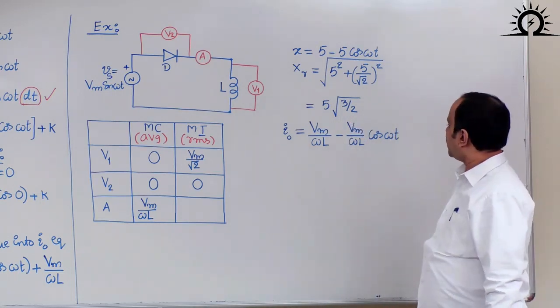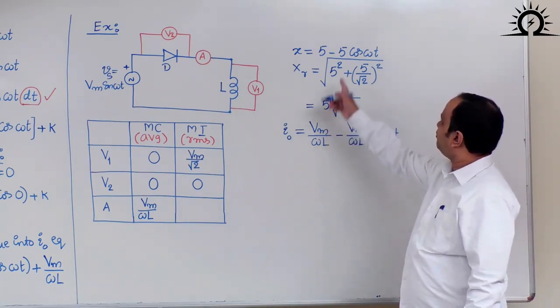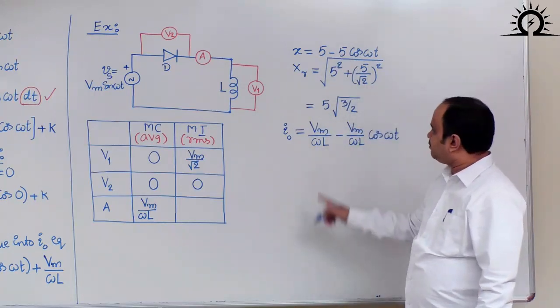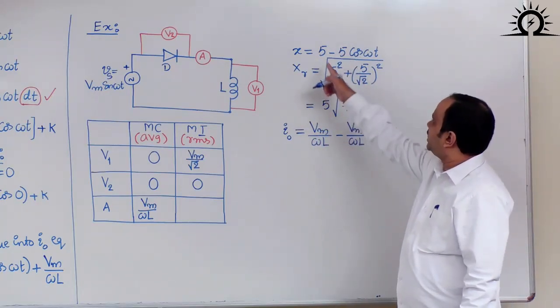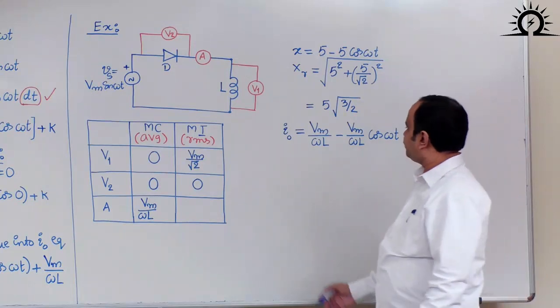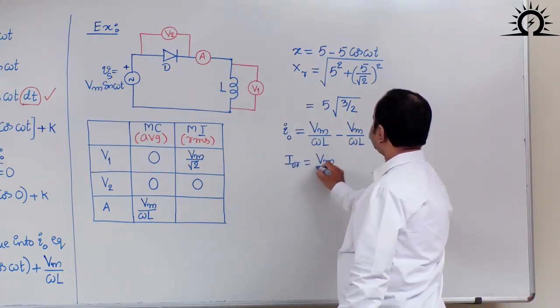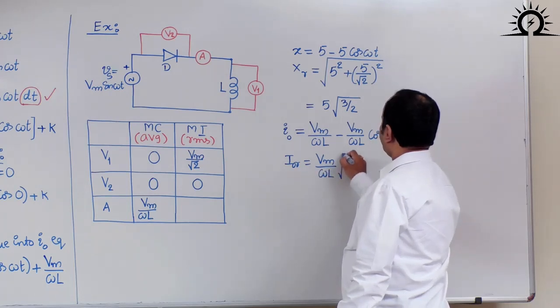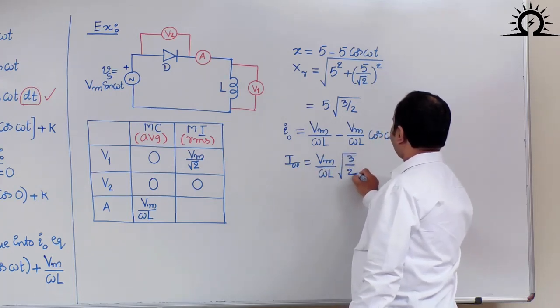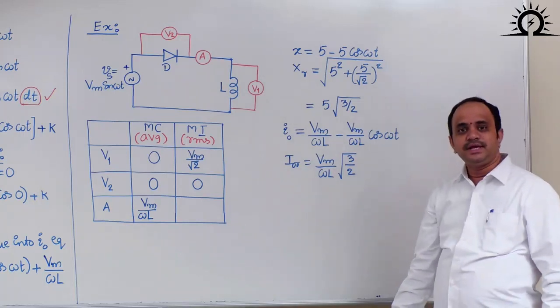So what is the basic idea here? Compare these two equations. In place of Vm by omega L, earlier we had 5. Therefore, how can you write IORMS? Vm by omega L multiplied with root of 3 by 2.